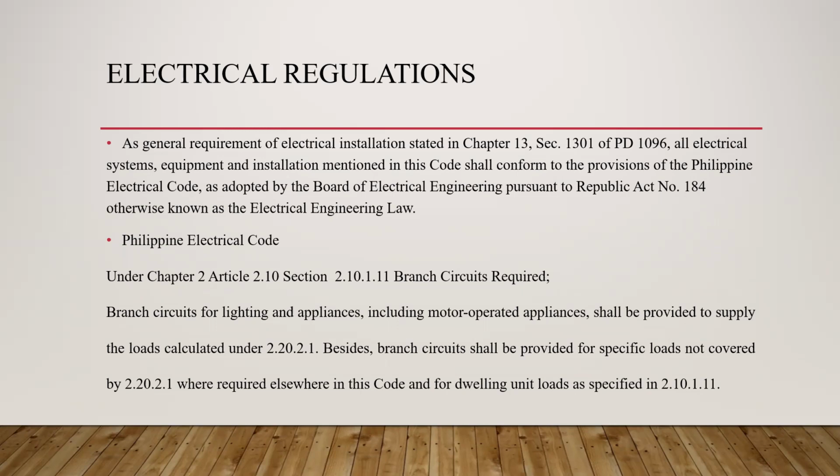Besides, branch circuits shall be provided for specific loads not covered by 2.20.2.1. Paki-check ito sa ating PEC, where required otherwise in this code, and for the dwelling unit load specified in 2.10.1.11.